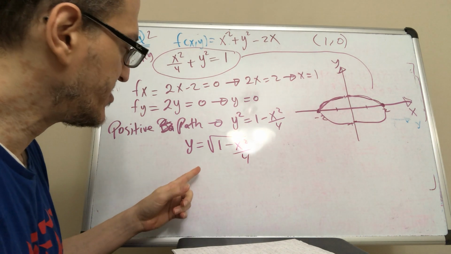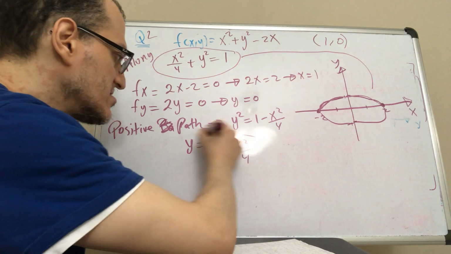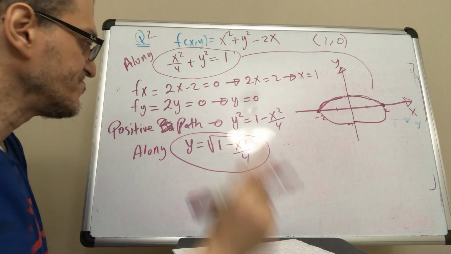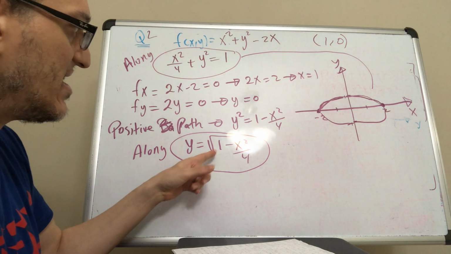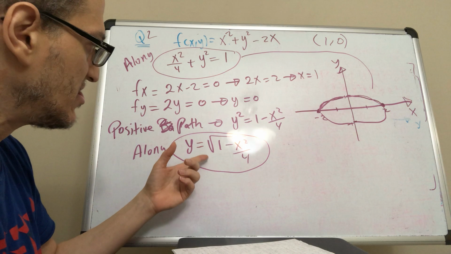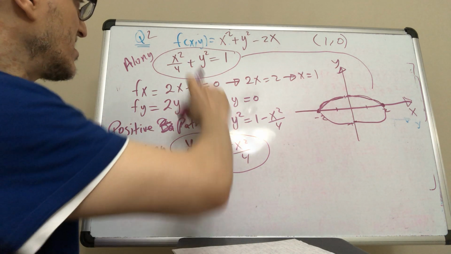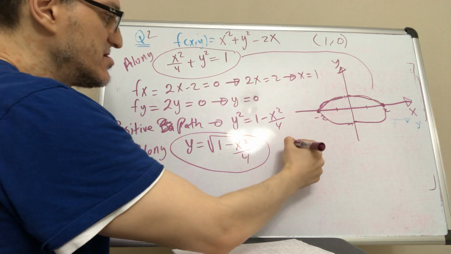So this would be the first path, so we can do along this. And obviously the negative path is when you take the negative root. So to do the positive path along this, you plug this into your function.